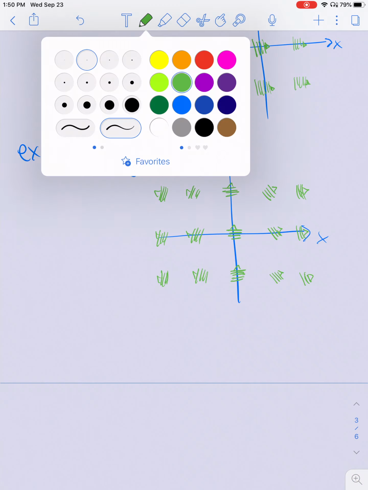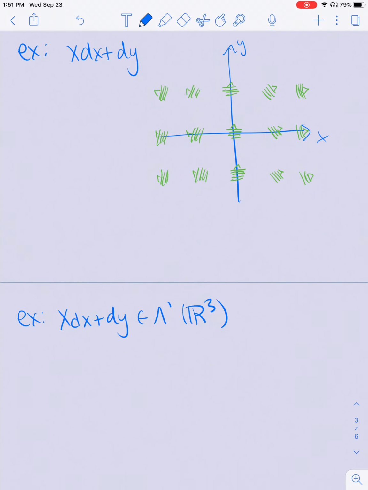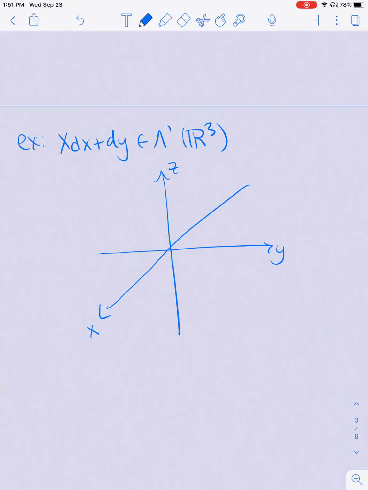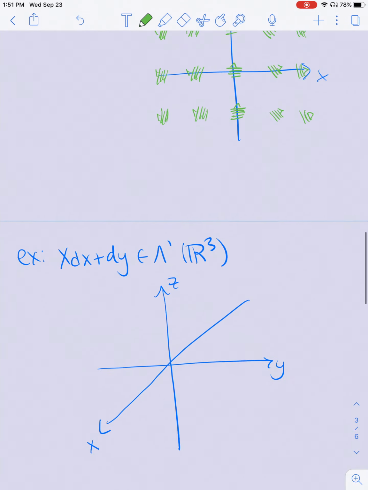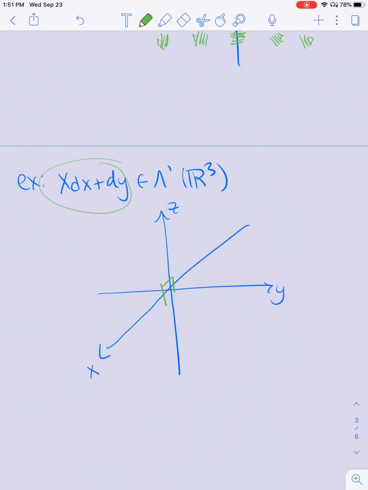Okay, and then if I want to draw the same example, x dx plus dy, as a one form in R3, I should be drawing little planes at every point. So basically just doing the same drawing, with a little plane that also extends into the z direction, because the kernel, right, the level sets of this, if I change z, I'm not changing the value of the function.